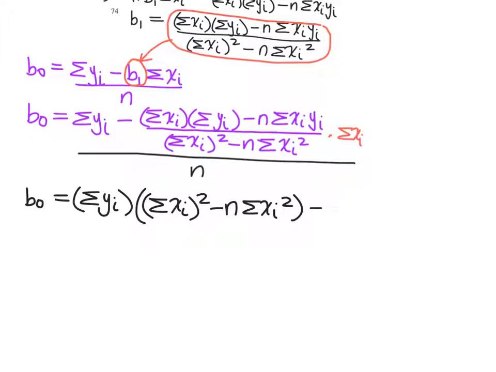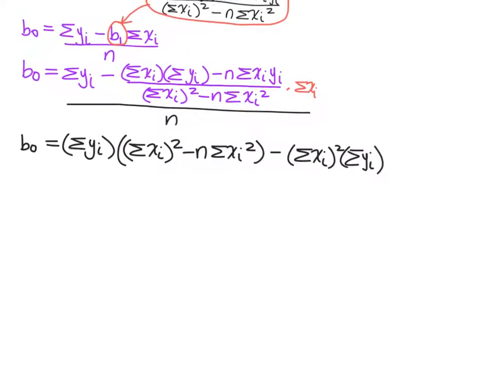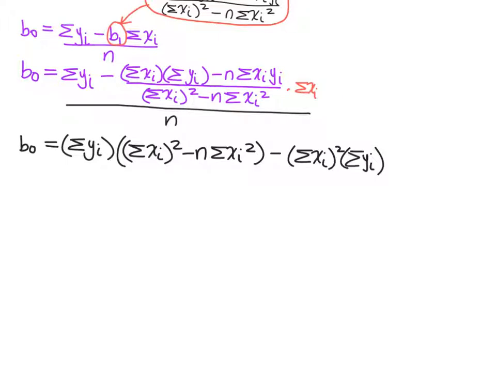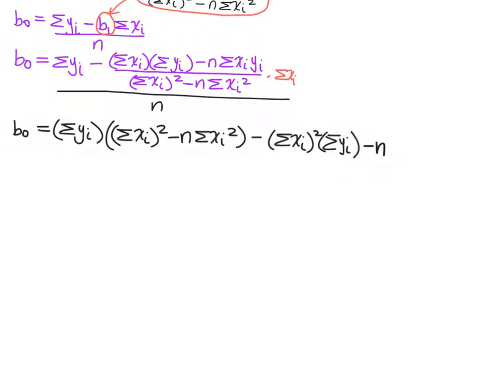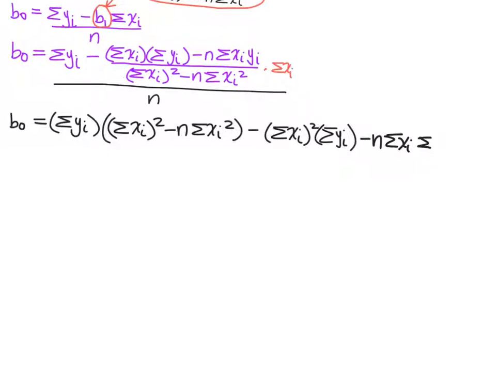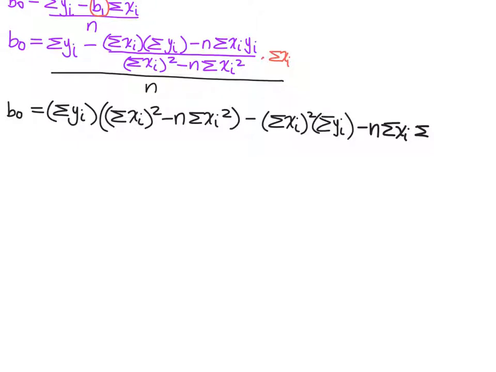Minus, so we'll have the sum of x sub i multiplied by the sum of x sub i, the sum of x sub i squared, times the sum of x sub i multiplied by the sum of x sub i y sub i.